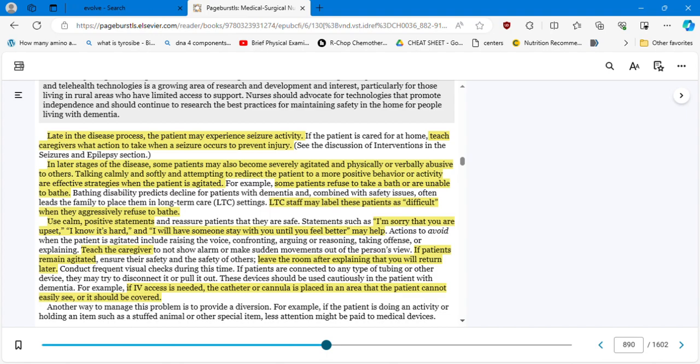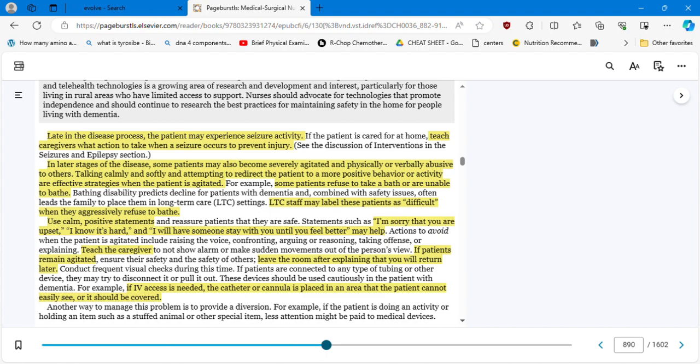Teach caregivers what action to take when a seizure occurs to prevent injury. In late stages of the disease, some patients may also become severely agitated and physically or verbally abusive to others. So you need to talk to them in a calm way, try to handle the situation.